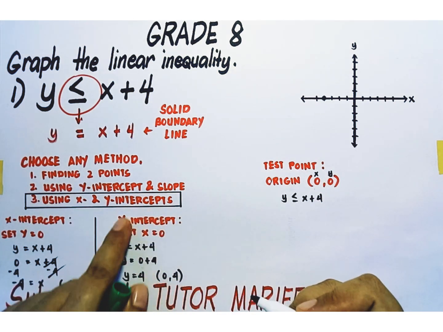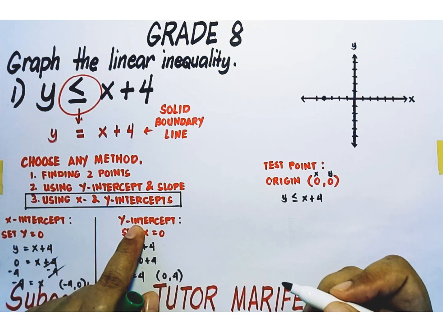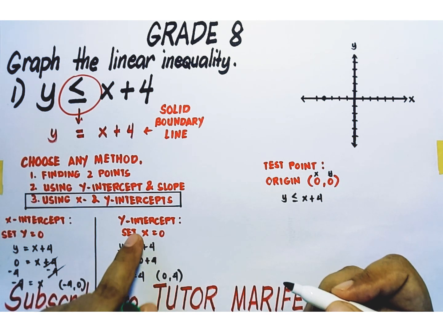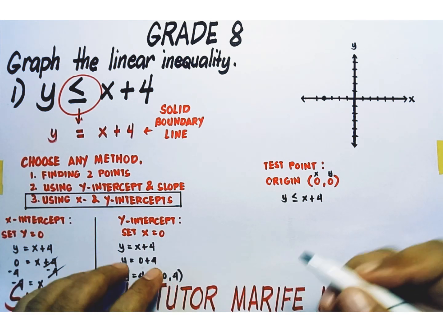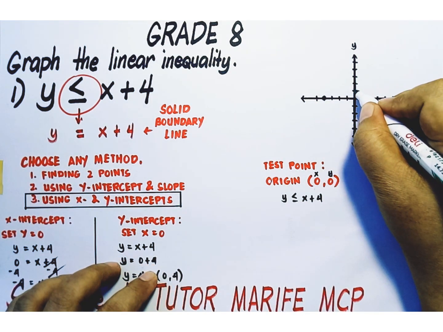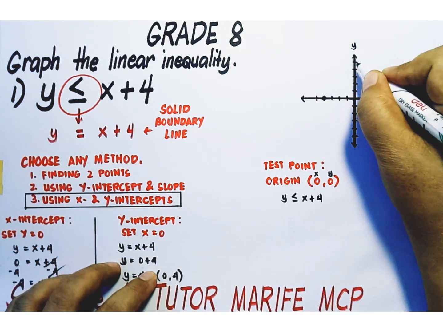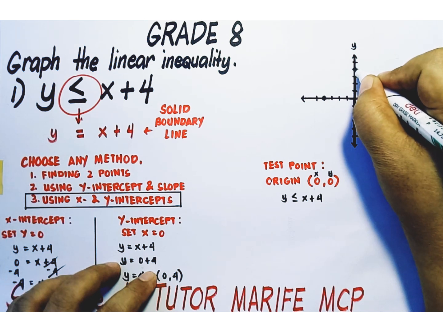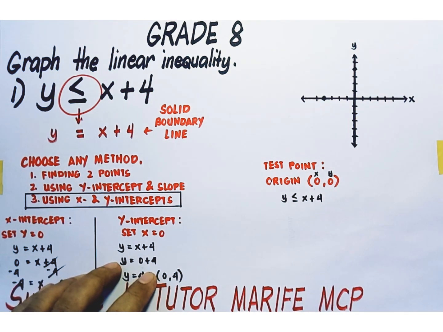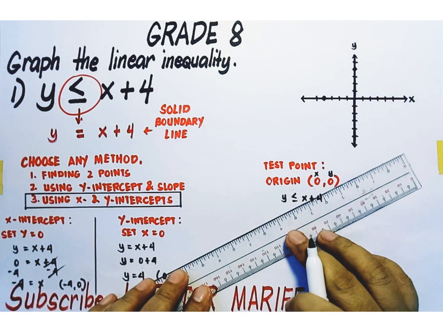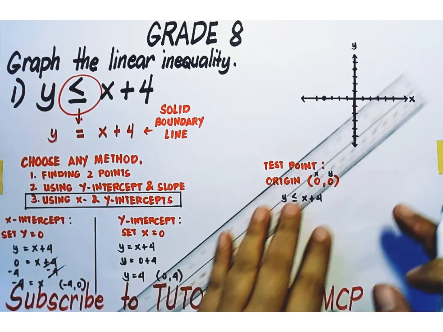Let's plot the y-intercept. This is where the boundary line cuts the y-axis. Our y-intercept is at 0, 4. Positive 1, positive 2, positive 3, positive 4. This is the y-intercept of the boundary line. Now let's construct our solid boundary line.